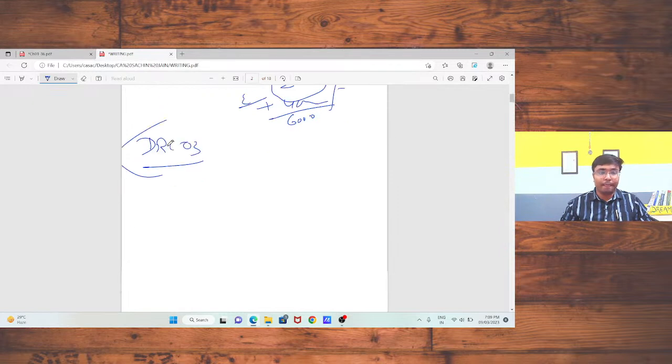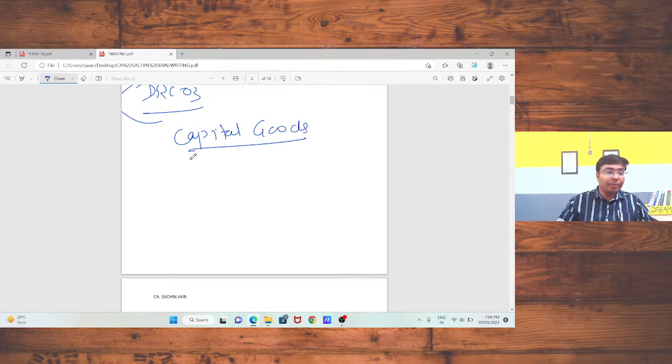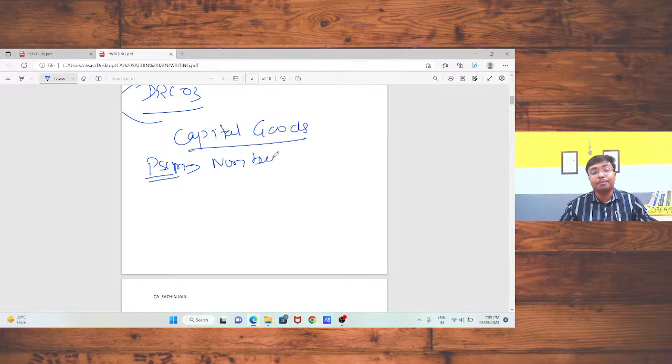Sir, understand, in case of capital goods, if any product, any capital goods, that is any plant and machinery, is completely used for non-business purpose, in that case at the time of buying that plant and machinery I have not taken that input tax credit. So in that case there is no issue.